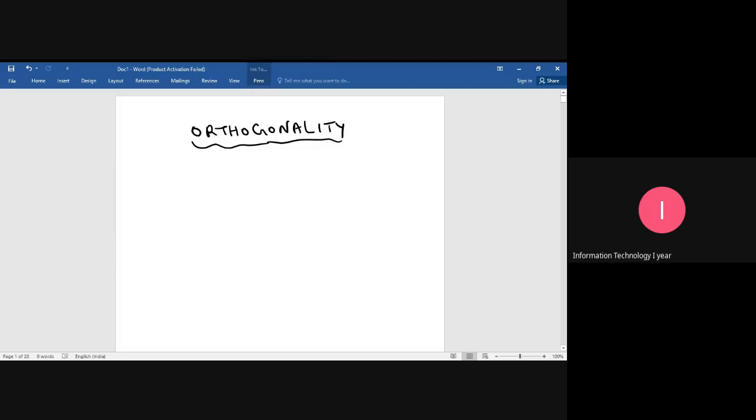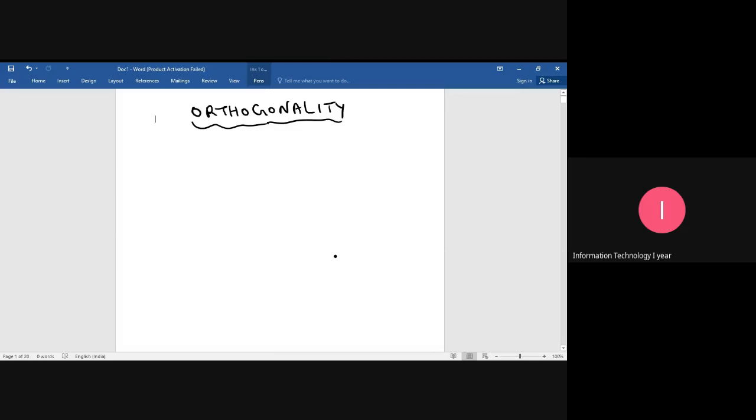If the inner product of x comma y equal to 0, we say that it is orthogonality. Now we'll also write the definition of orthogonality. After that we write the statement of the Gram-Schmidt orthogonalization process, and based on that we do problems. Here I am writing the definition of orthogonality.